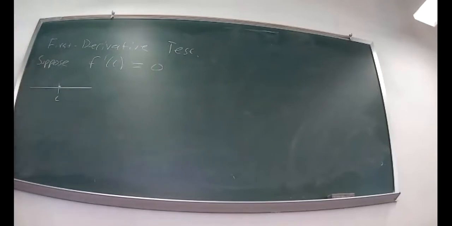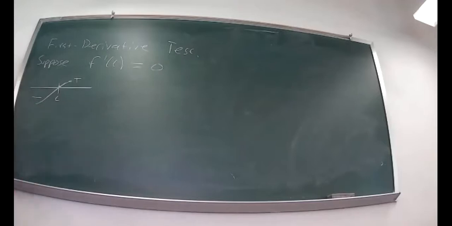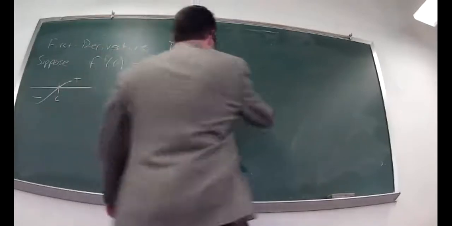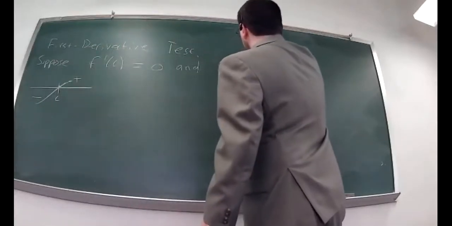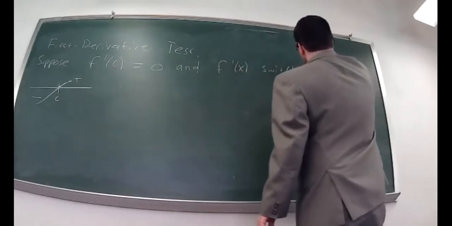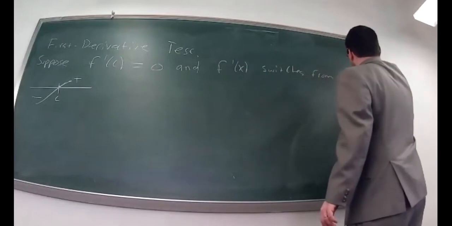And suppose you're at a point where the derivative is switching from a positive to negative or from negative to positive. So for argument's sake, suppose you're switching from negative to positive. So the derivative might look like that. And so we'll say f prime of x switches from minus to plus.